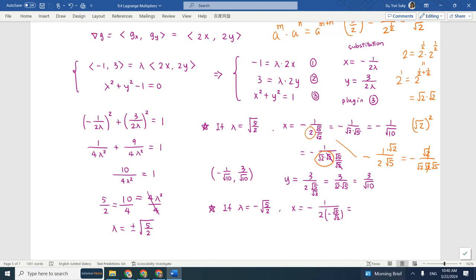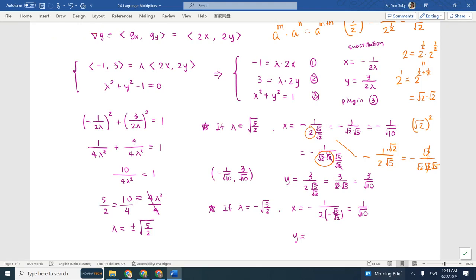I'm not sure whether your calculator will give you an exact answer. So this is 1 over the square root of 10. Would that give you the exact answer? Sorry, I've got to figure out how.